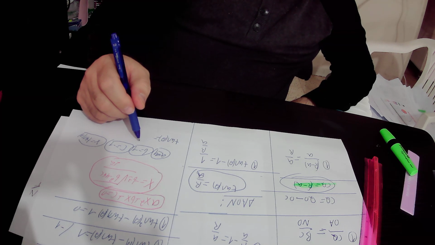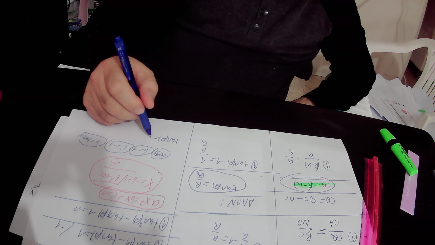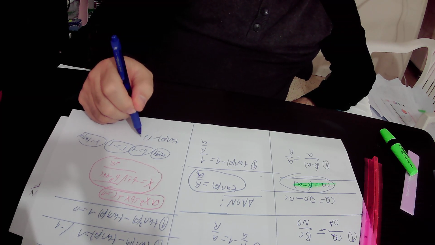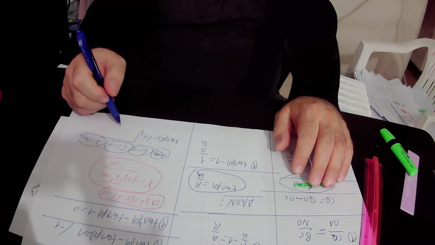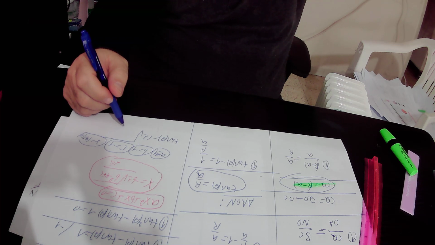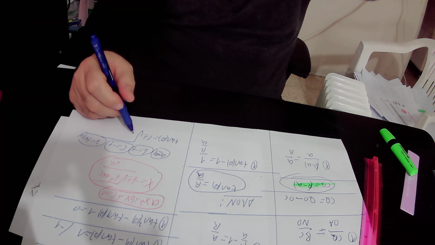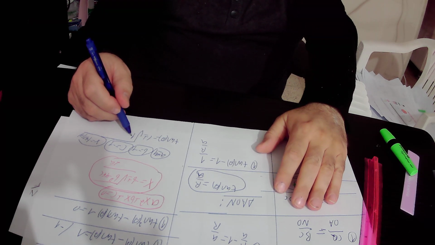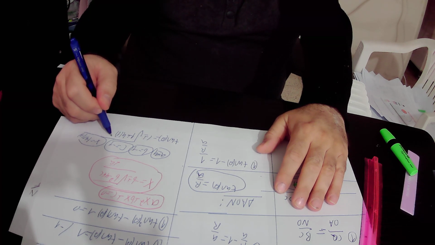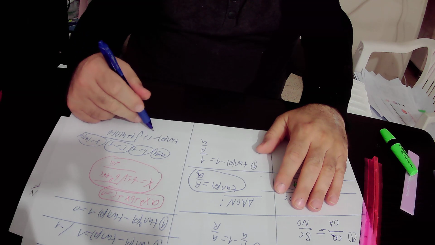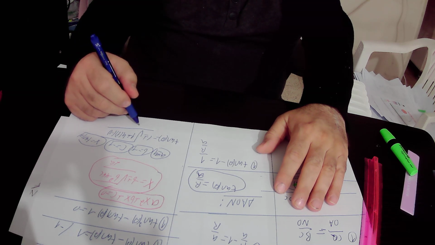B is equal to minus 1, so minus b is 1, plus minus the square root of b squared, which is minus 1 squared, that is 1, minus 4 times a, which is 1, times c, which is minus 1, over 2a. A is 1, so 2 times 1 is 2.